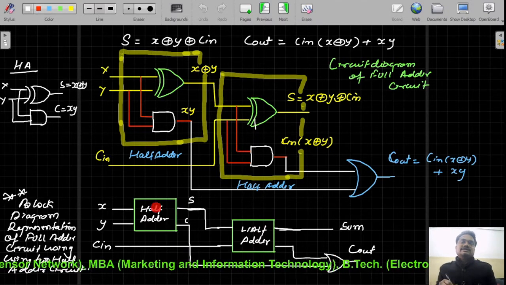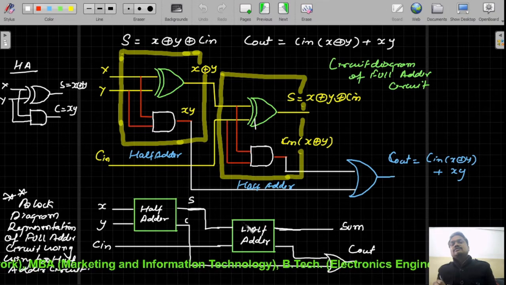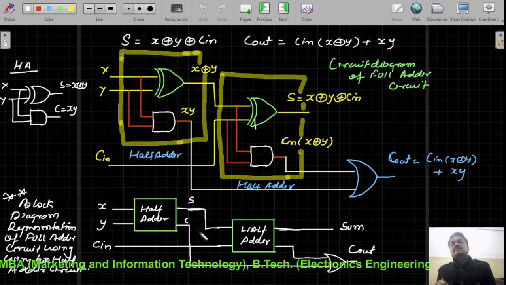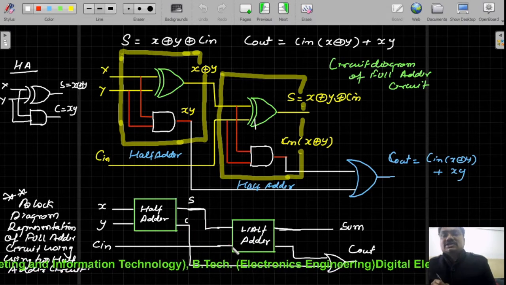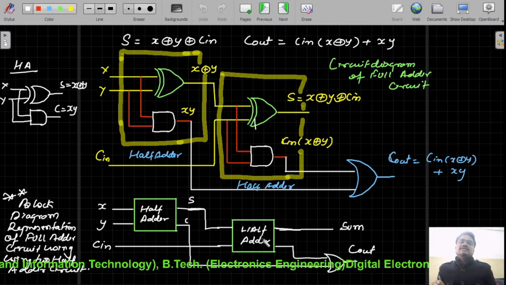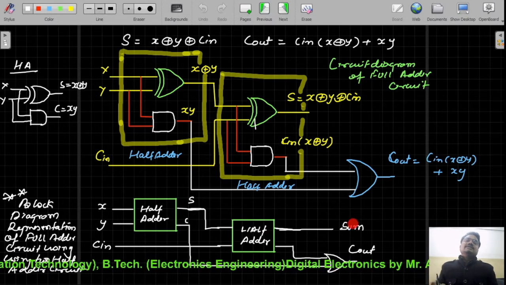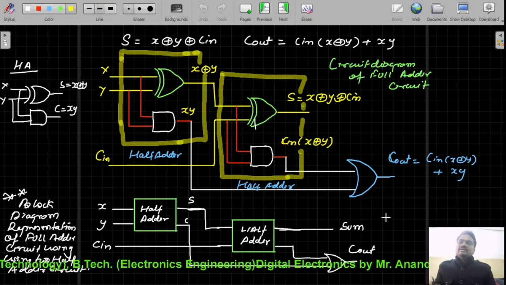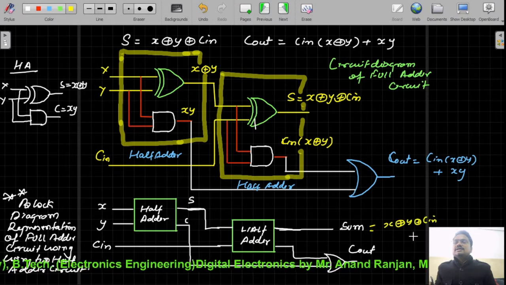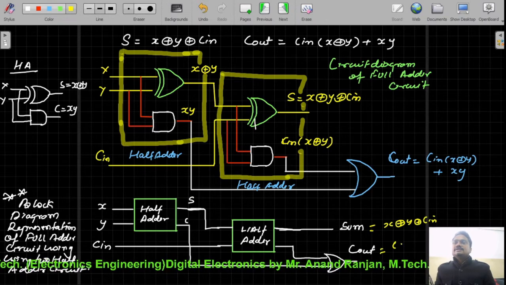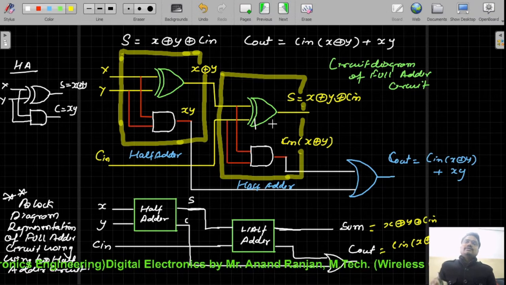In the first half adder circuit we take inputs X and Y, and the outputs S and C move further to the next stage half adder circuit as input, and the second input to that half adder circuit is Cin. The carries generated by the first half adder circuit as well as the second half adder circuit pass through the OR gate to get the Cout expression, and finally we get S equal to X XOR Y XOR Cin, and the Cout expression is Cin (X XOR Y) plus XY.